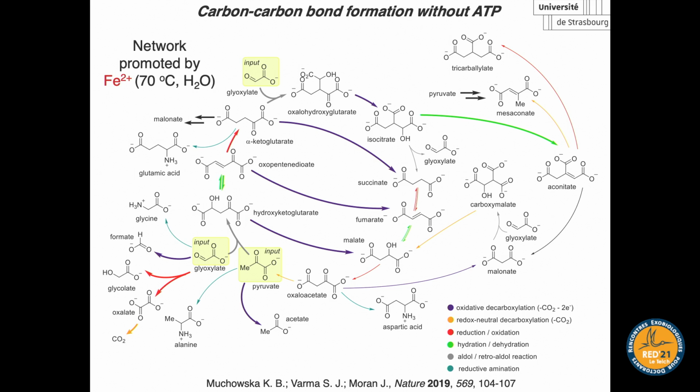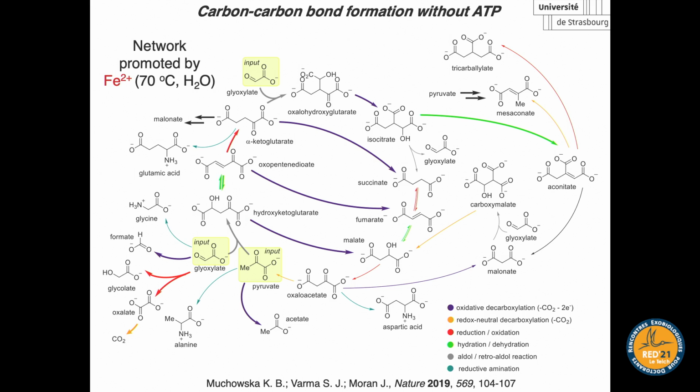And as time passes and you monitor what happens in this reaction mixture using analytical methods like GCMS, you notice that you obtain more and more of the compounds which I have shown in the slide in this circular shape of a cycle, and also different compounds that go a bit out of the cycle.